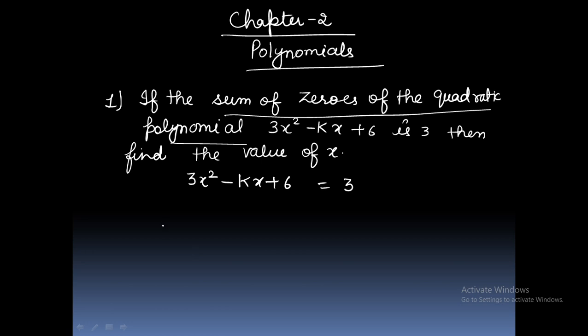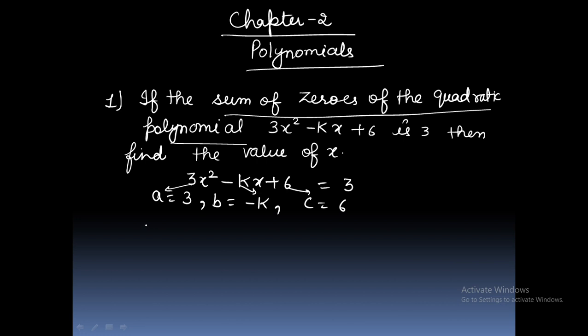For solving this question, we will write first of all a's value, that is 3, b's value, that is minus k, c's value, that is 6. This is a's value, this will be b's value, this will be c's value.